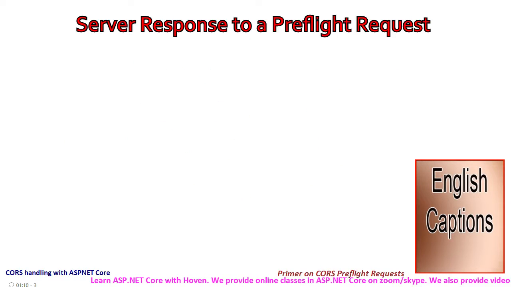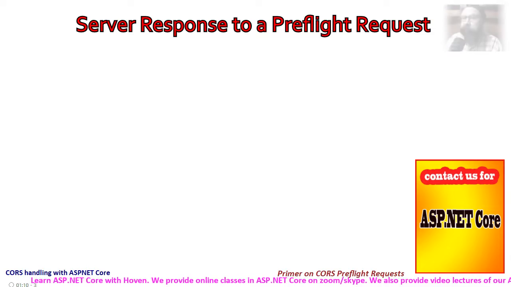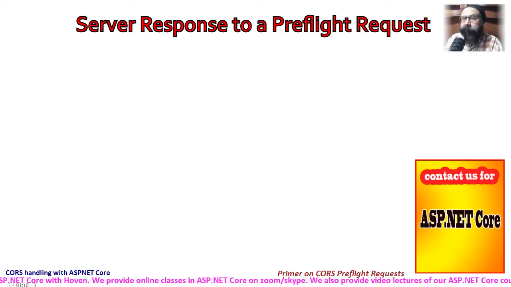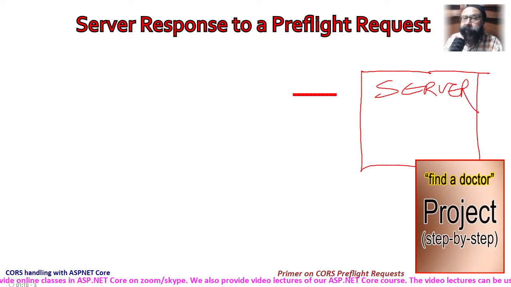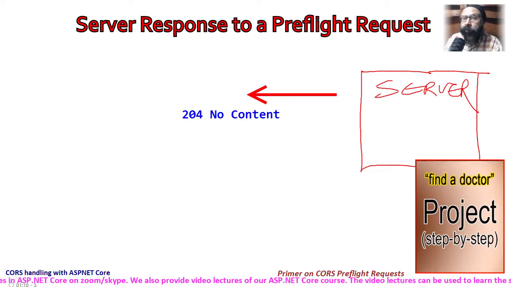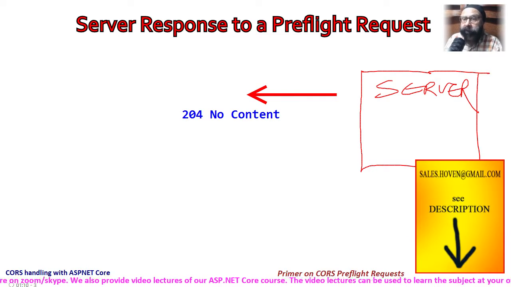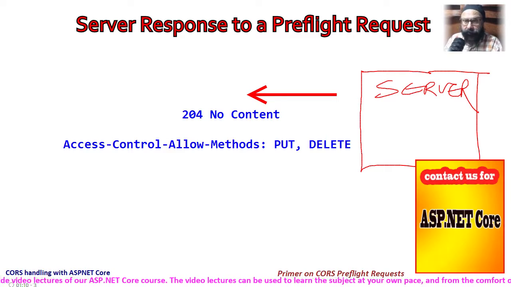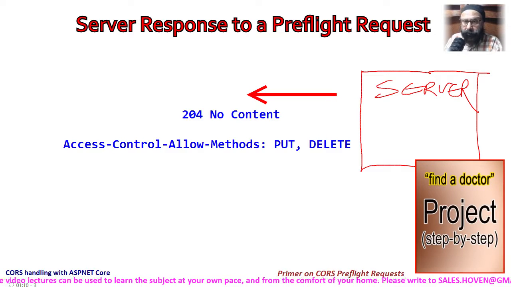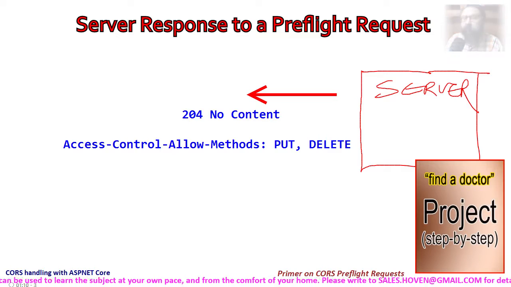And at the server end, if the server application is configured to accept cross-origin requests of the PUT type, then it responds with a 204 No Content response containing a header called Access-Control-Allow-Methods. This header contains the comma-separated list of allowed methods, HTTP PUT, GET, whatever.